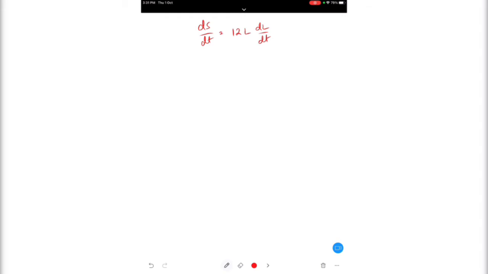Now we know all the values. They have told you to find the dS/dt when L is equal to 12 centimeter. So put all those values and see what you get. Therefore dS/dt is equal to 12 into 12 into 1 by 54. 6 nines are 54, so this one is 4, this one is 3.